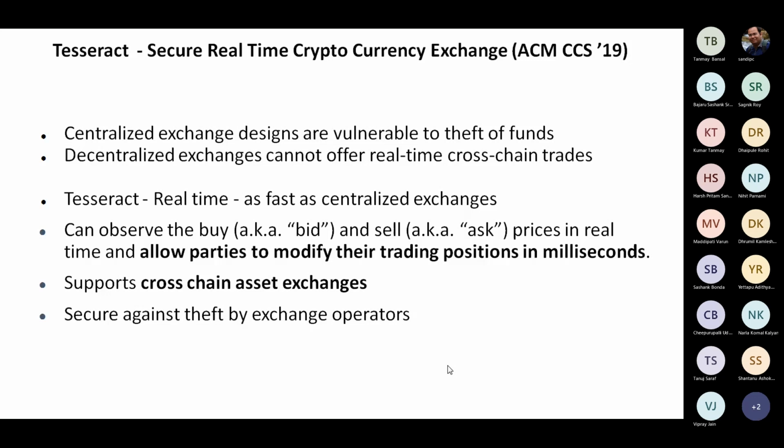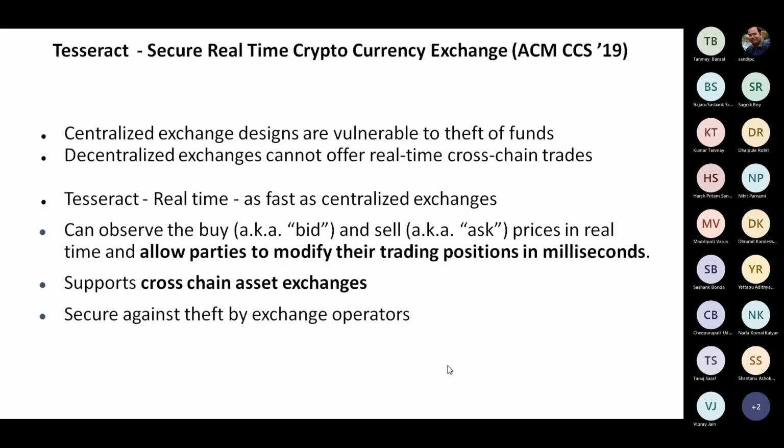It lets people see the offers, and then they can change their own offers and so on. It also supports cross-chain asset exchanges, like from one particular currency to another. It is also secure against theft by exchange operators.